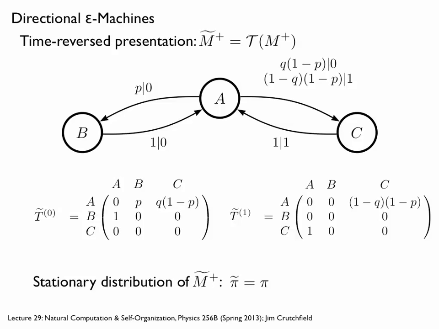Okay, so that's a handy thing. But now what we have, and I've written it out here, is that I've reversed the edges. Remember, A going in the forward direction went to B and C. Well, now I have these incoming arrows, and I just recalculated them. And same, A now goes out on a 0 to B, and on a 0 to C, or on a 1 to C. I recalculated the transition probabilities, so they all sum to 1 going across the rows. But it's now messed up because it's non-unifilar.